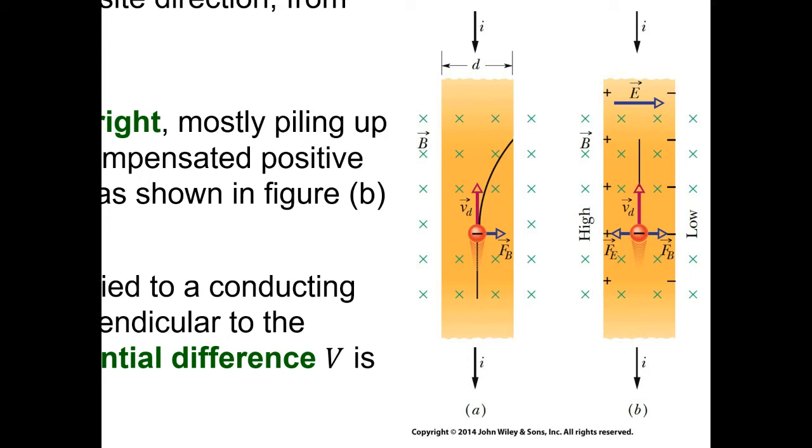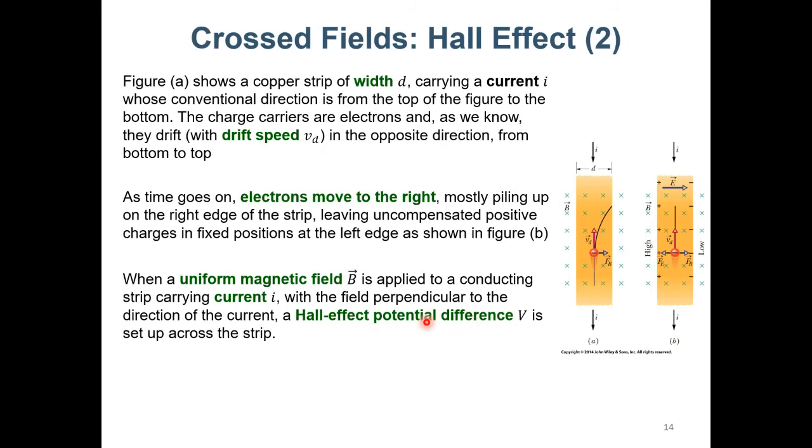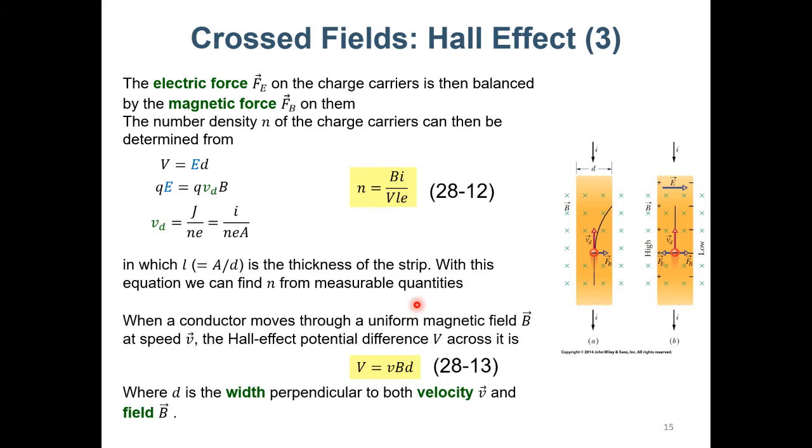Okay, get the point here? So it's until F_E equals F_B, and then there will be some voltage. This is v_d, not the voltage. This is the drift velocity.